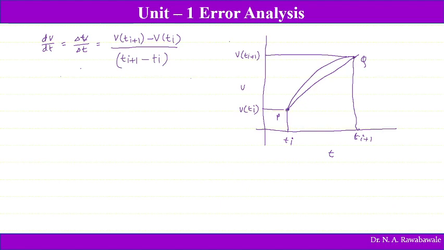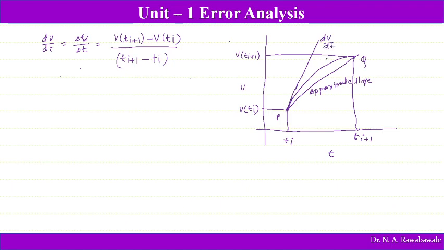But actually the slope at point P, if we take, the actual slope is going to take this path. So this is the approximate slope, and the true slope passes at point P along this line, and that we represent as dv by dt.